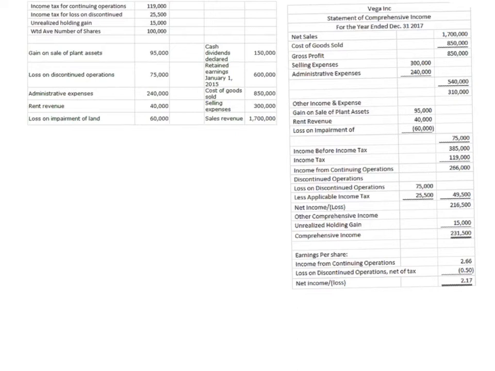So all I'm doing is taking information. We know how examples start. Now note this is net sales. So it's actually sales minus sales returns and allowances minus sales discounts. But we're going to take the information from sales revenue and bring that up as net sales.